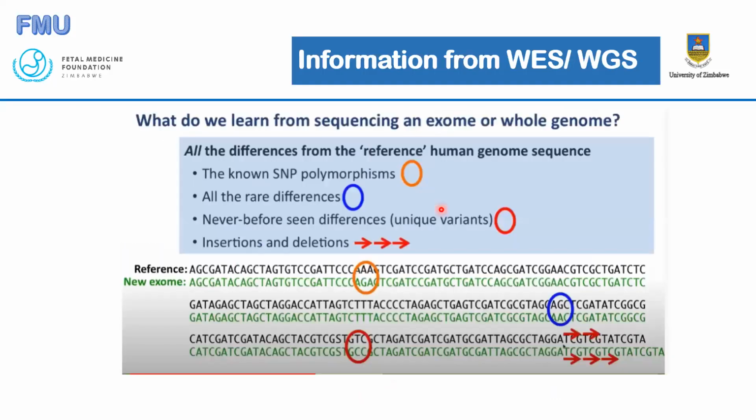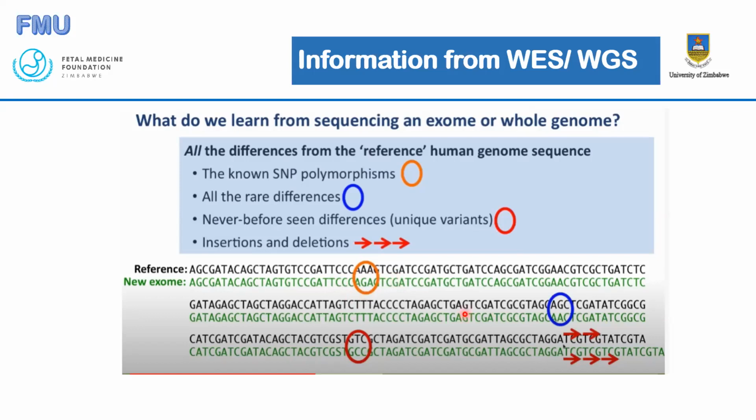this way. This is an example. This is the reference sequence. This is the new exome from the patient. We have samples. So when we sample the patient and we are now sequencing, we can actually see that instead of having an AAA, which is known to be the reference exome sequence for a normal human being, the patient sequence is an AGA.